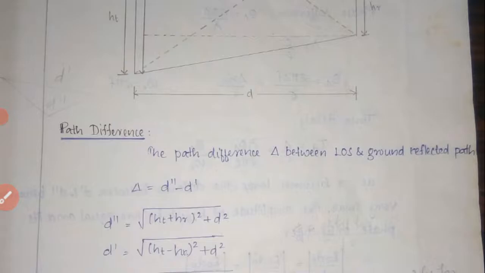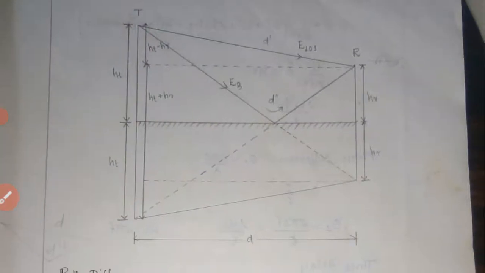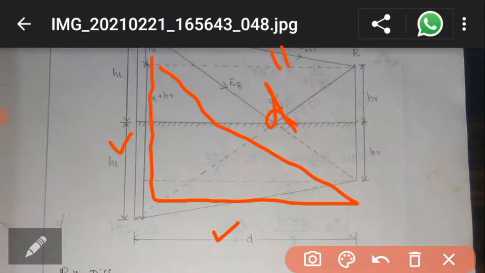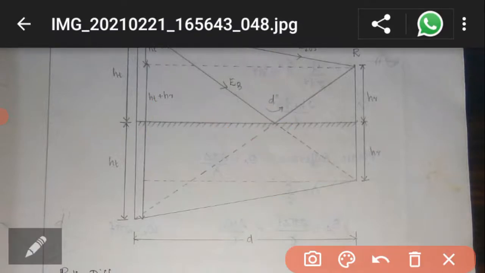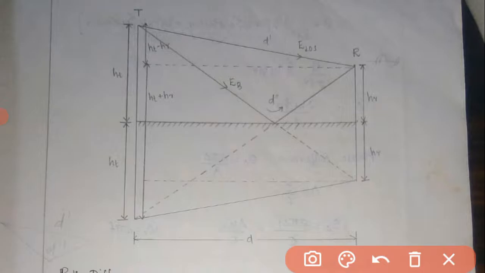Then similarly we have to find the D dash distance. To find the D dash distance, we have to consider this triangle.